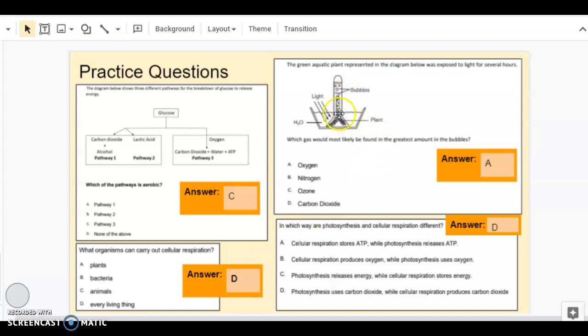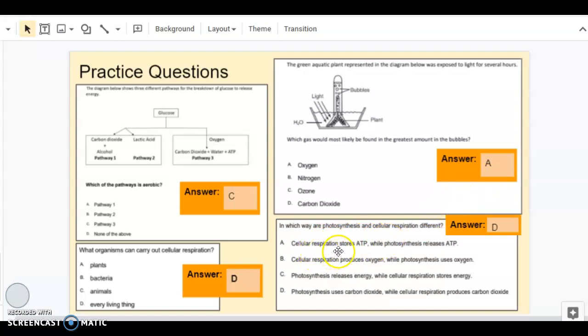Here we have a plant with a lot of light and some bubbles. And it asks which gas is most likely. Well, where light increases, so does photosynthesis. What gas does photosynthesis release? Oxygen. So the best answer here is A. And finally, in which way are photosynthesis and cellular respiration different?